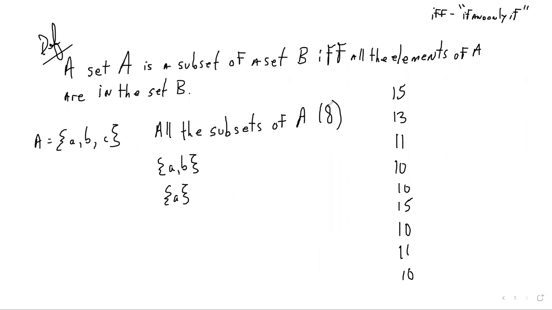Where I gave you one example of a subset of set A, AB, you were thinking, okay, so the set BA is a different set. But the order of elements does not matter.